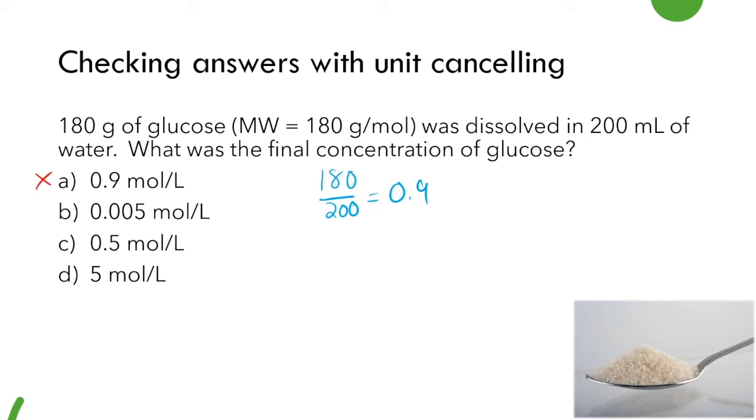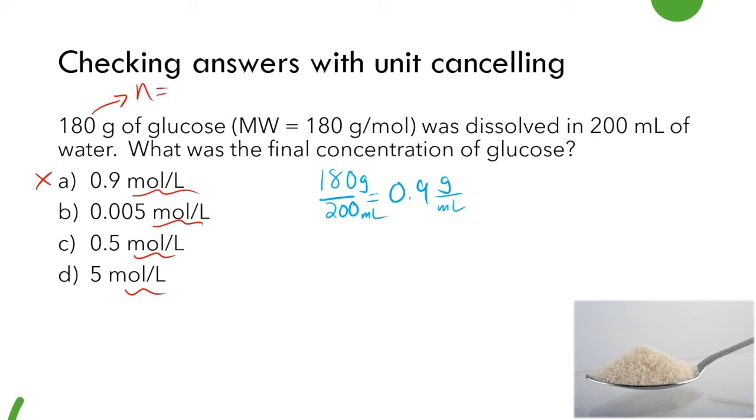Because when we try this, our final units are grams per milliliter, and that is not the same here. So what we need to do, we're looking for that concentration, and we need it in moles per liter. So that tells us we're going to have to convert that 180 grams into moles.